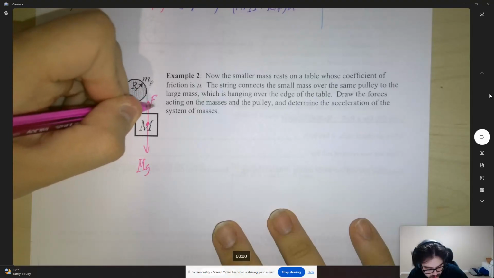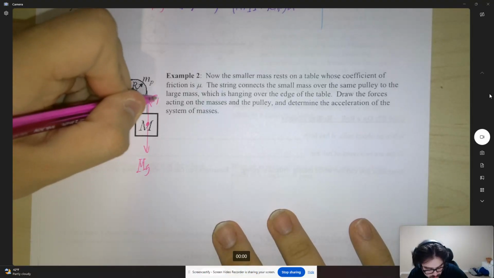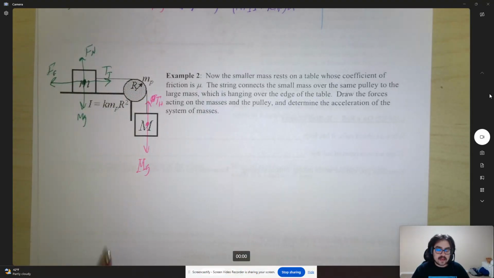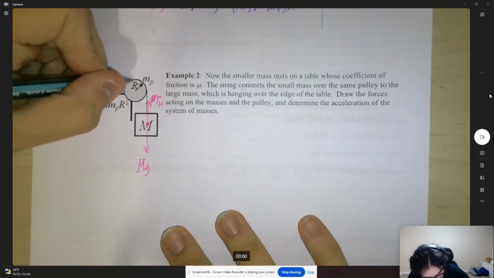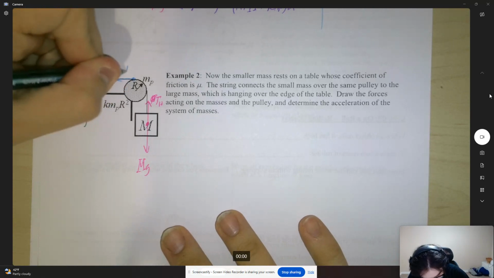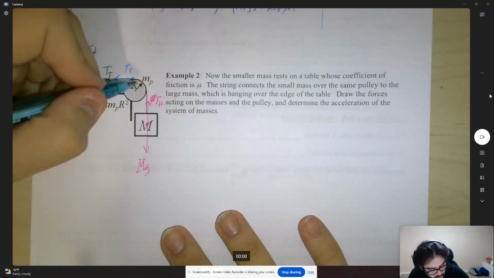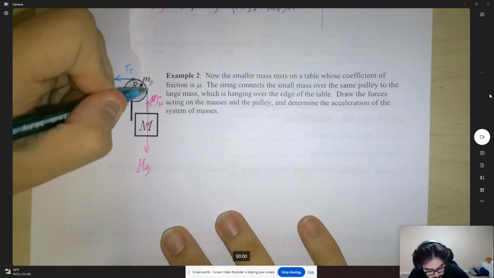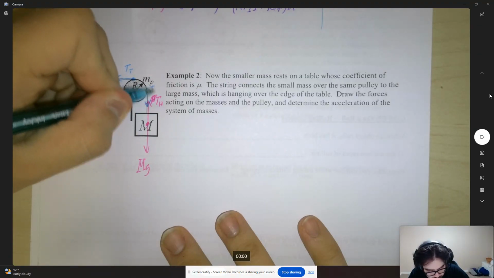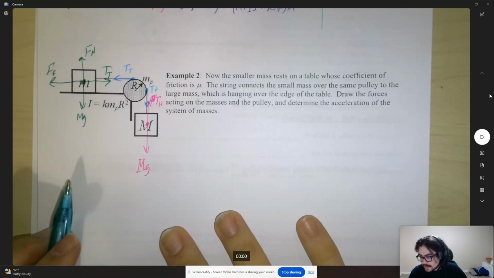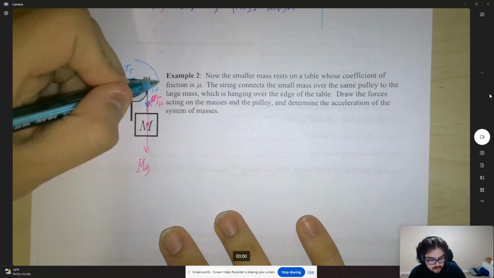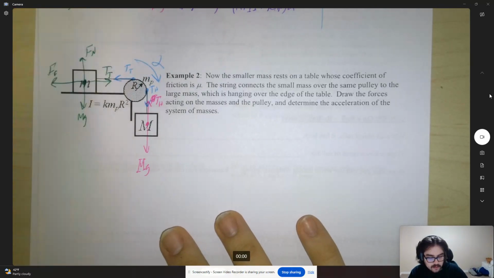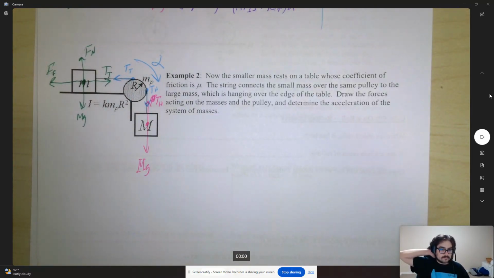I'm going to call this tension hanging, for the hanging mass tension. Then if I'm looking at the pulley, I'm going to have the tension on the top here by Newton's third law, and then tension of the hanging mass, and the acceleration should then kind of curve that way.